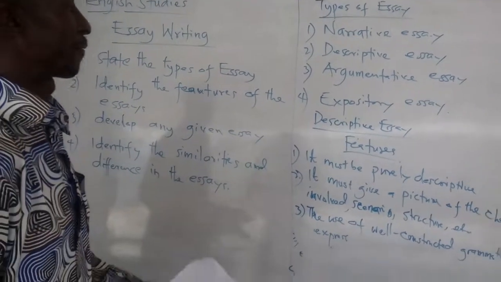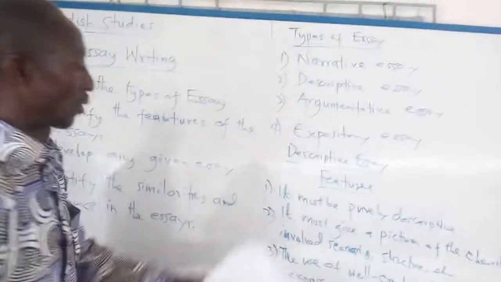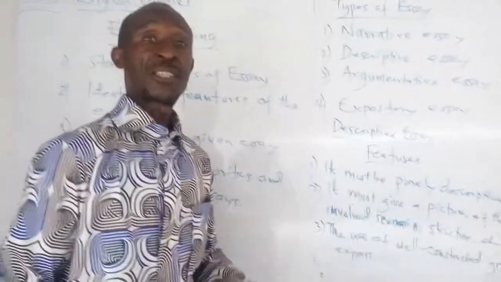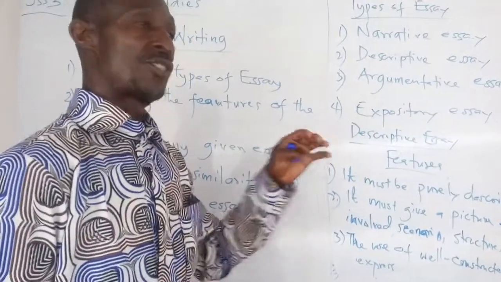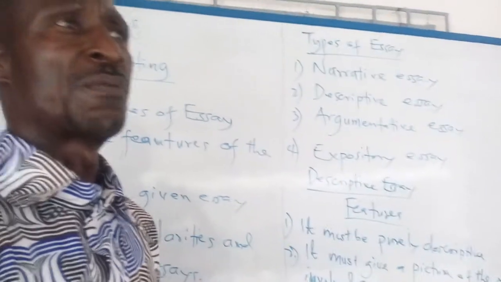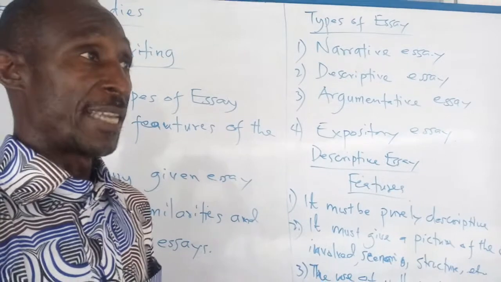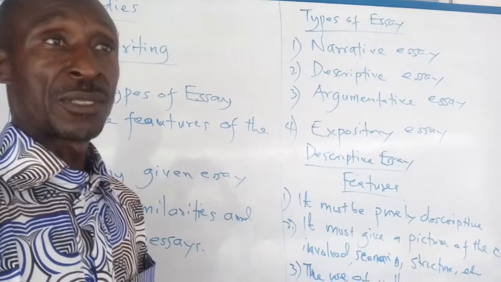Next we have the argumentative essay, number 3 as we have on the board. The argumentative essay has to do with persuasion. The words used in such an essay have to be very strong to show the reader that you actually know what you're talking about.